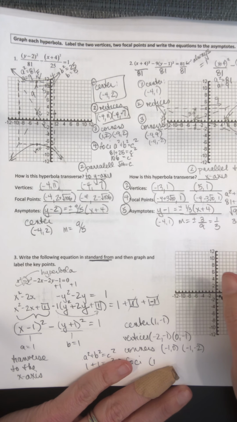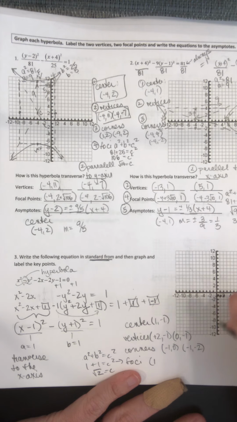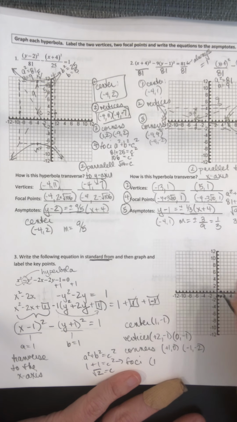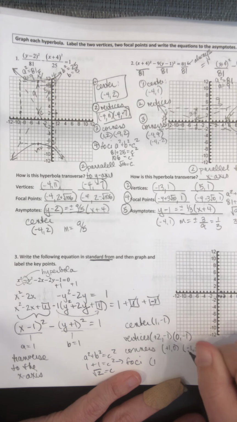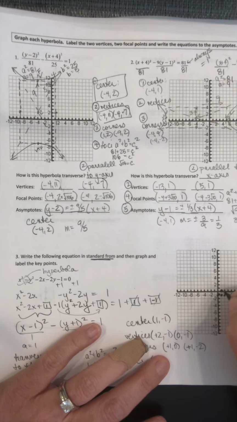Okay, and then therefore I have 0, comma, negative 1, and then 2, my bad. Okay, and then my corners should be plus 1, right? And then 1, negative 2. I just had my signs wrong. Okay, so that makes my box here.